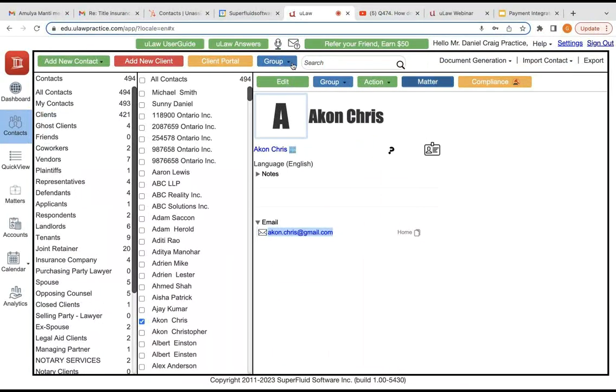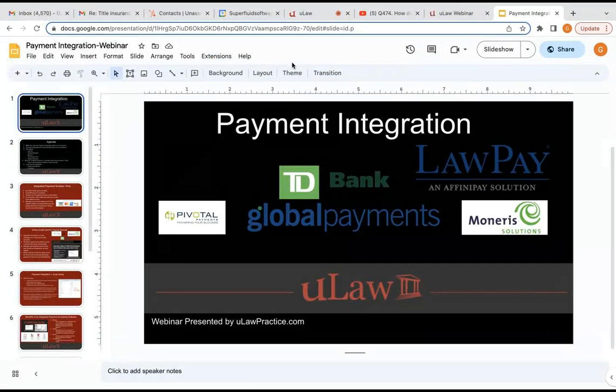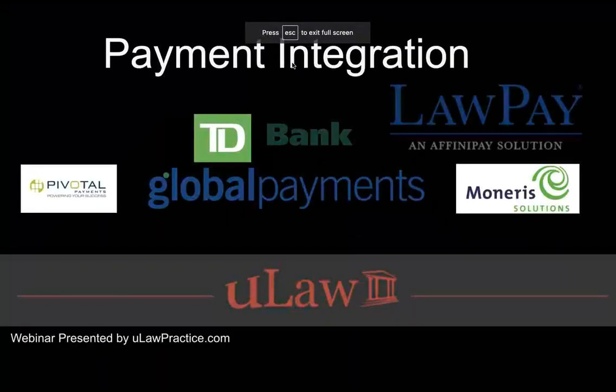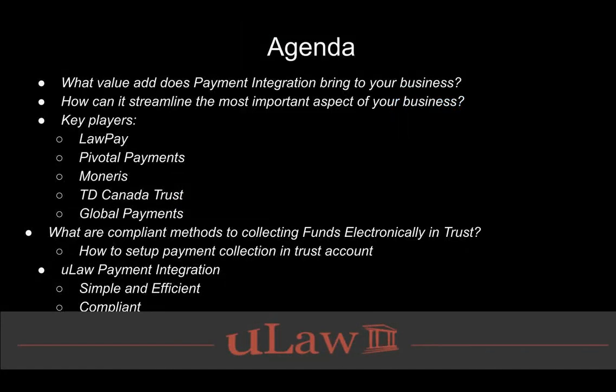That's another thing that I wanted to mention. About LawPay and QuickBill, and you have 4 other providers that we strongly recommend you to give a shot, or at least give a try: TD Bank, Pivotal, Global Payments, LawPay, Monaris.